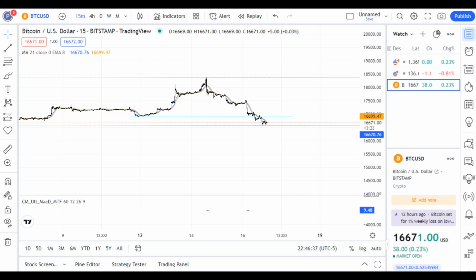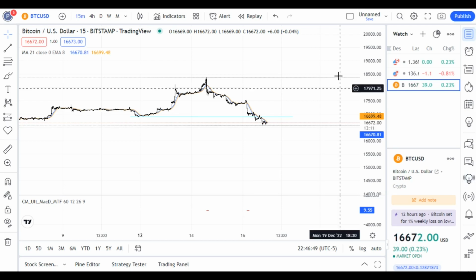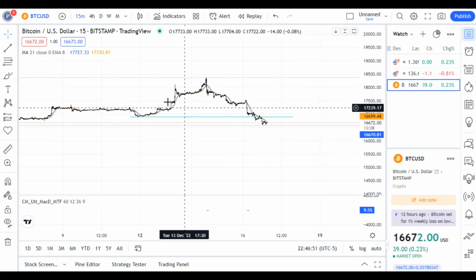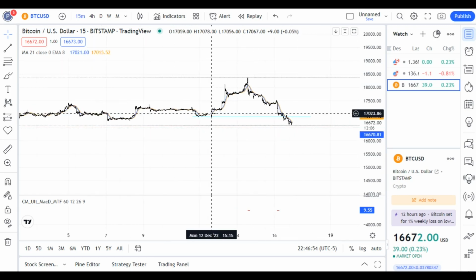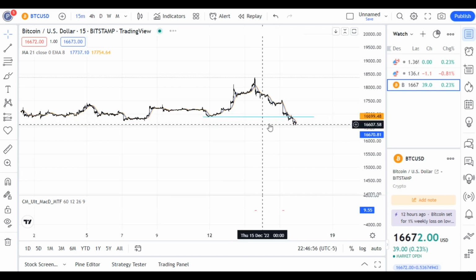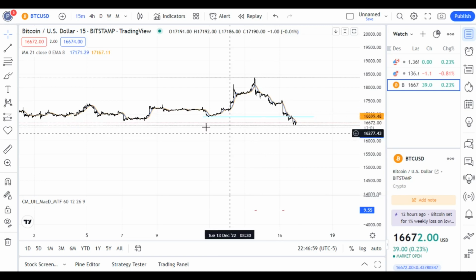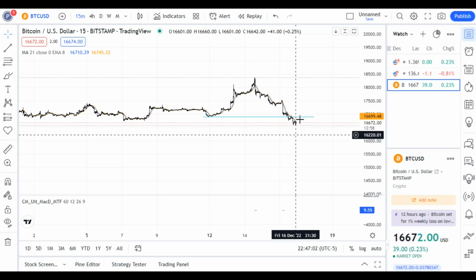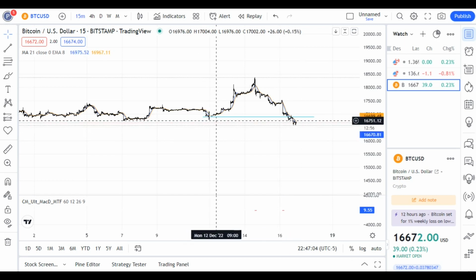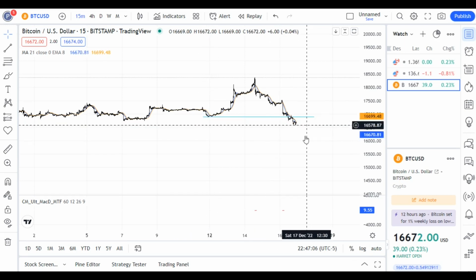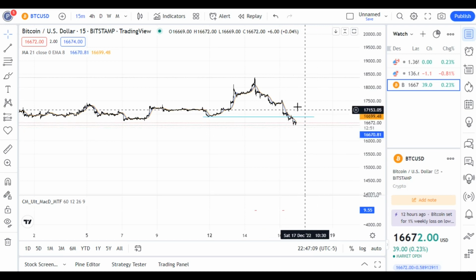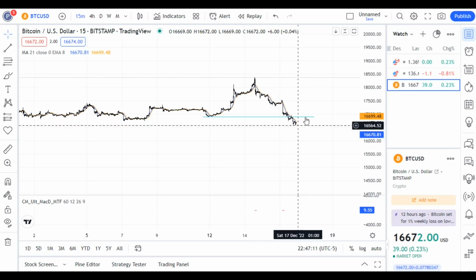Okay, so if you have been following us, we use the top-down analysis approach, considering the larger time frames. What you can see on the screen is a 15-minute chart, and you can see we have a line here telling us that when the market passed this level, there's a possibility for the market to return back to pick up momentum.